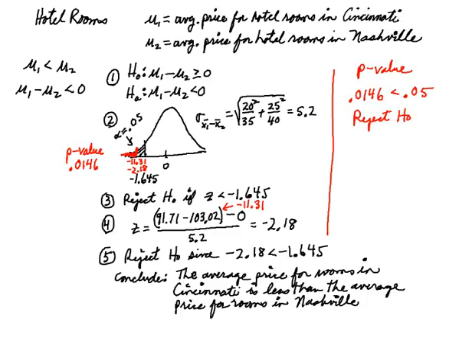Now, in trying to interpret the p-value, remember that the sampling distribution in step 2 is built on the assumption that the null hypothesis is true.